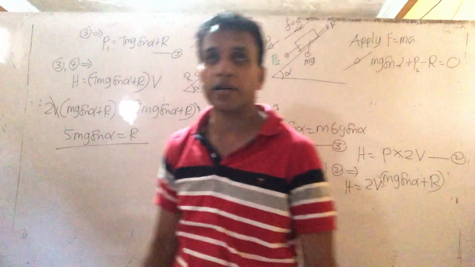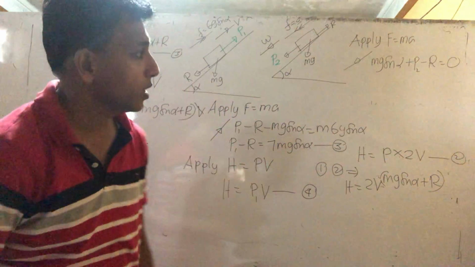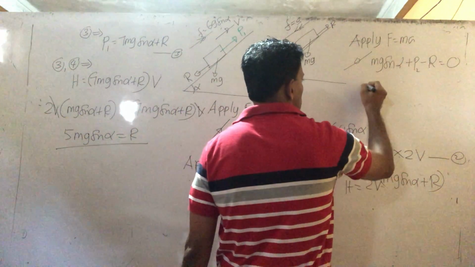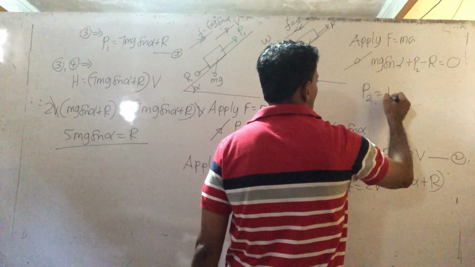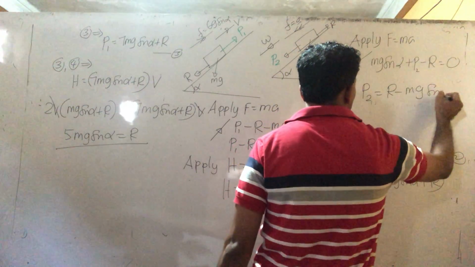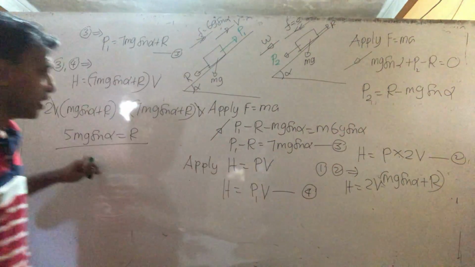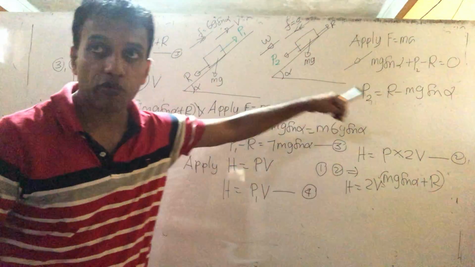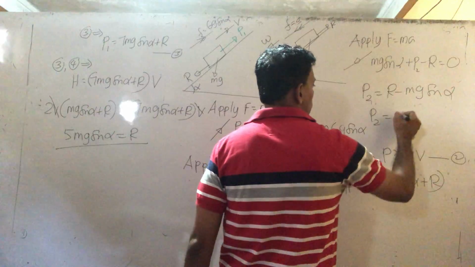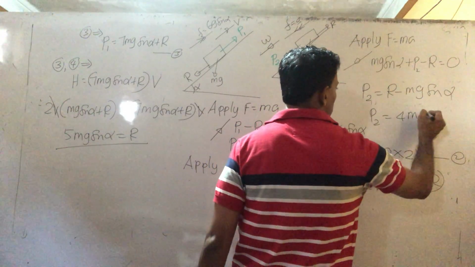Mass is available but the acceleration is 0, right? Therefore, first complete your P2 answer. P2 is R minus mg sin alpha. You know R here: R is 5 mg sin alpha, therefore 4 mg, right? Therefore, P2 equals 4 mg sin alpha.